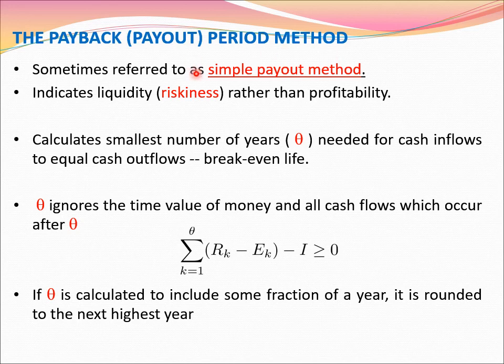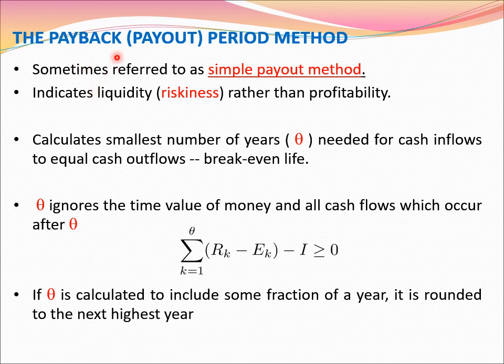This is a very simple method, and actually we will talk about two versions of the payback method. The first one is the simple payback or payout method, and the second one will be the discounted payback period method. Okay, we will start with the simple one.